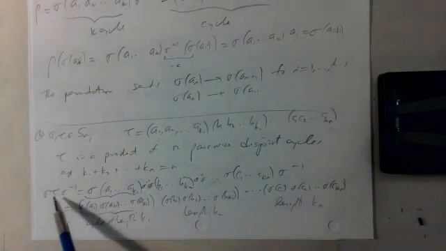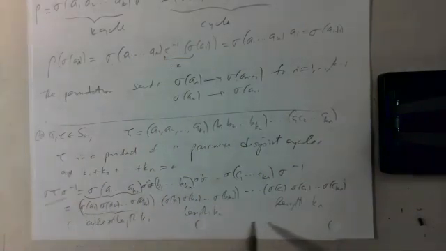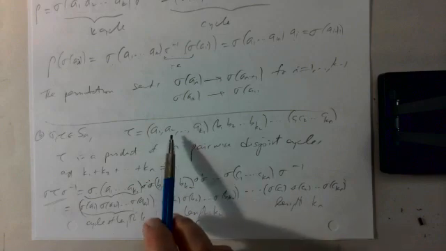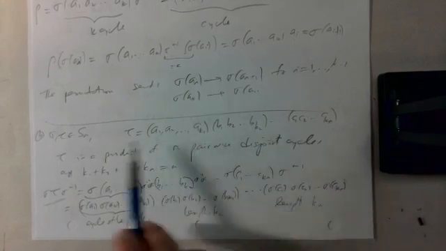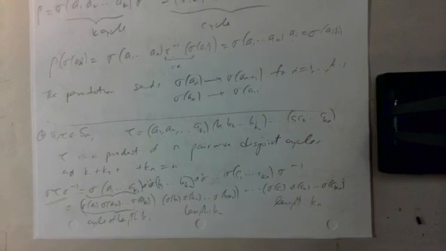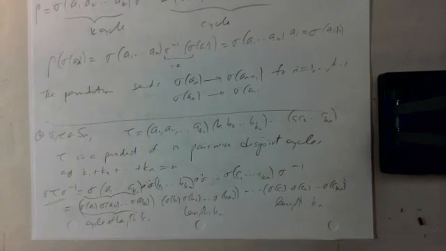So this is a decomposition of this permutation into R pairwise disjoint cycles of exactly the same lengths as the original decomposition of tau. That's the proof. Well, that's a proof at least.